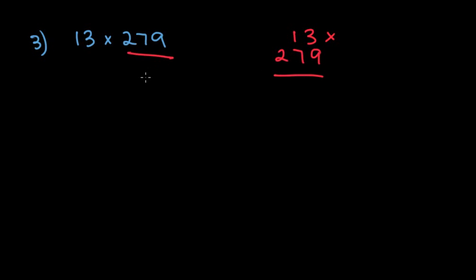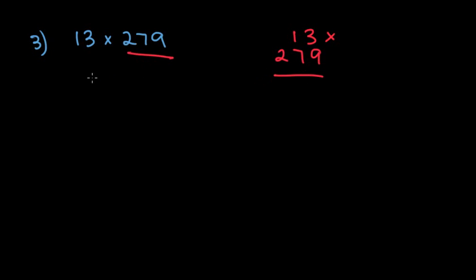Now sometimes we get questions that look a little bit like this. Okay, for question 3, they might be like this. Let's say 13 times 279. And people think that we have to go ahead and do 13 times 279. Now, I always say put the biggest number on top, because if I've got 3 numbers on the bottom, it means I'm going to be having 3 lines.